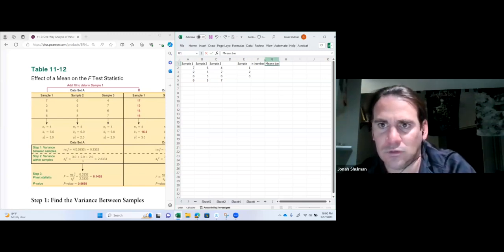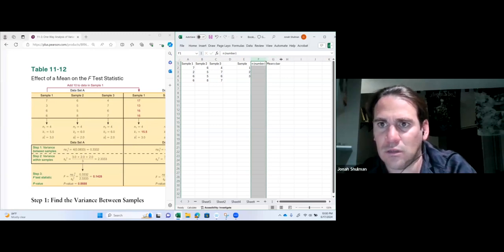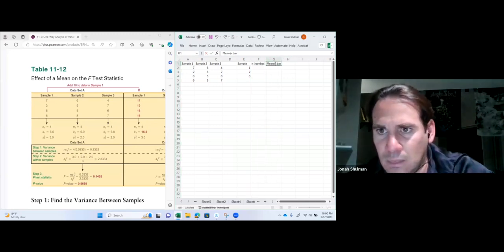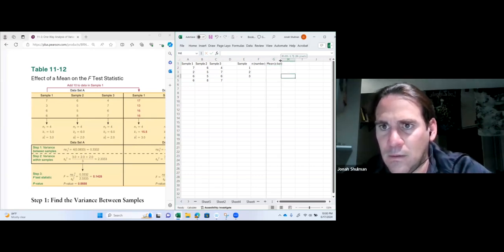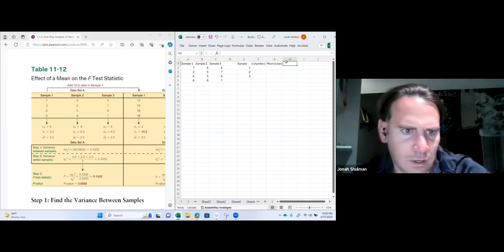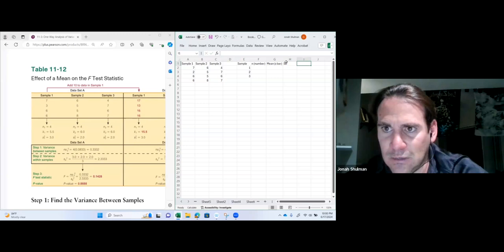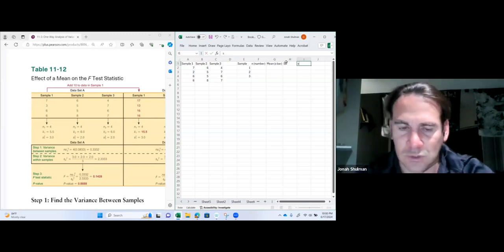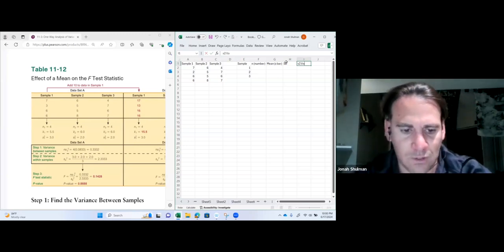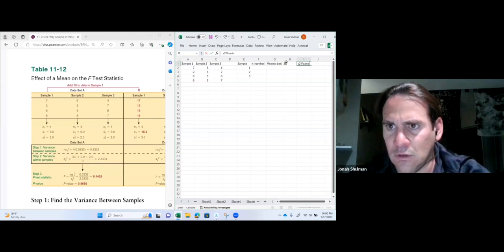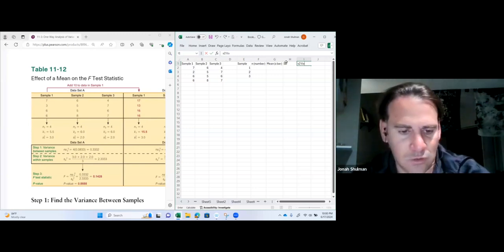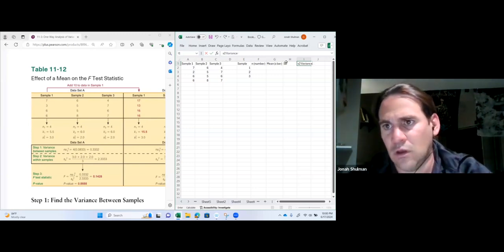I might as well spread these out a little bit. And we also need our variance. So I'm going to get my standard deviation, and then also my s squared, which is the variance. These are the pieces we need in order to calculate our F statistic.